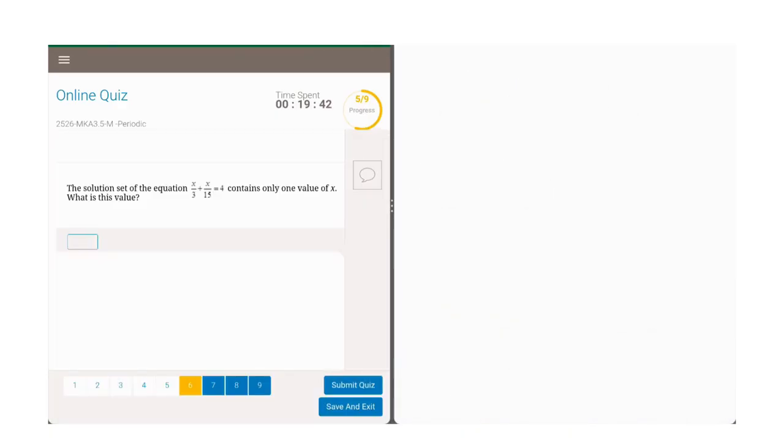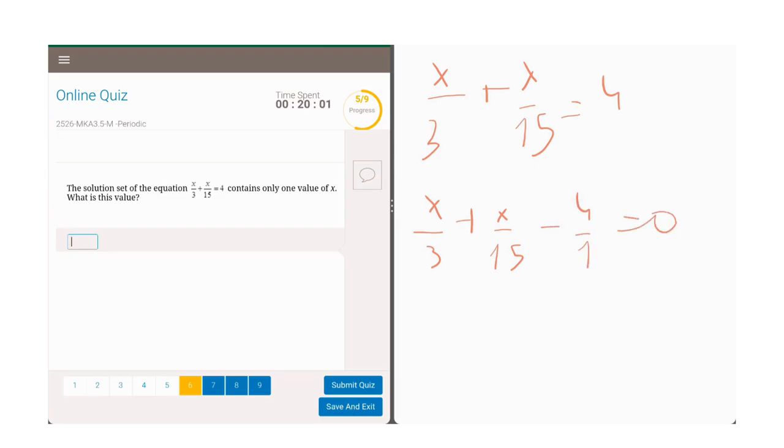Here for this question, we have the solution set of x over 3 plus x over 15 equals 4. Move 4 to the other side: x over 3 plus x over 15 minus 4 over 1 equals 0.